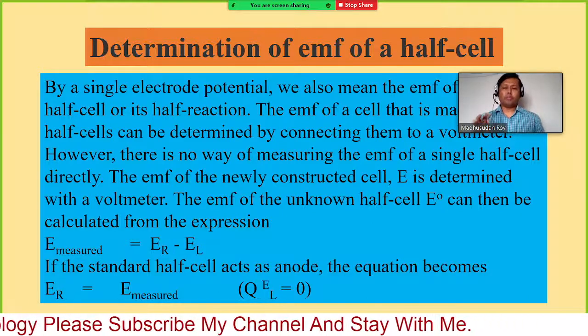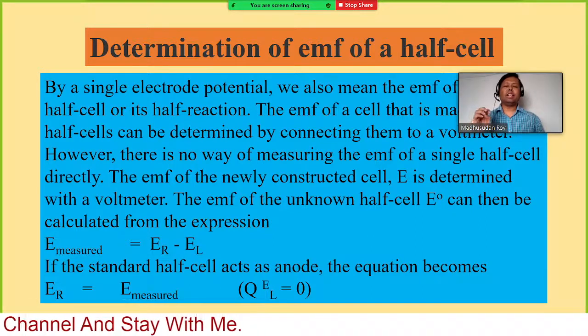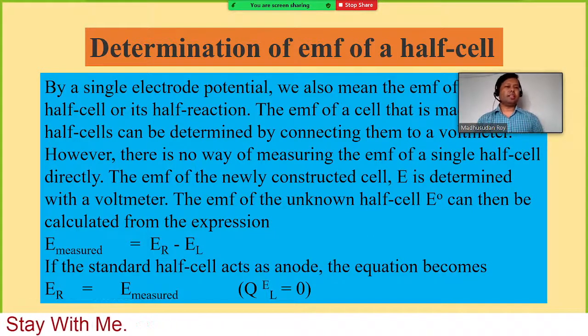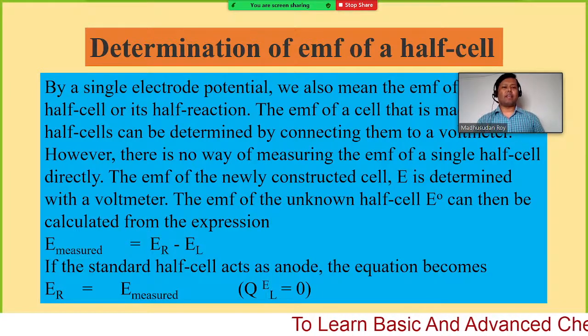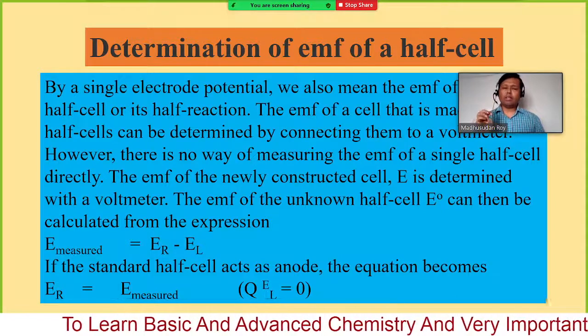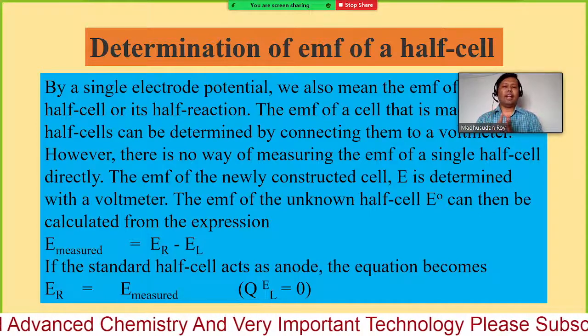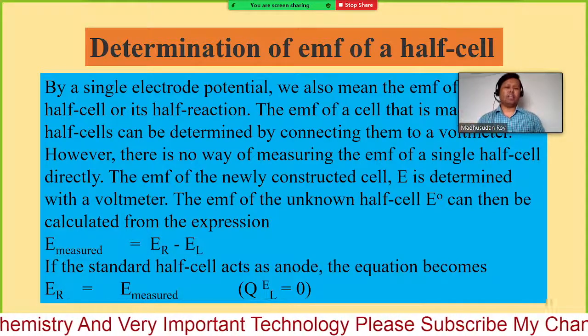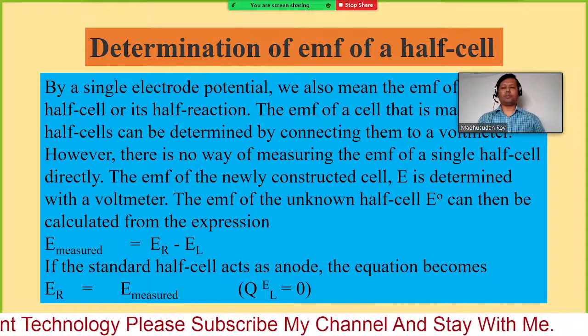If we complete the circuit, we can measure the voltage using a voltmeter, and then by using the equation, that means by subtraction or addition, depending on how we have connected the half cells, we can measure the full cell potential using the voltmeter, and then we can subtract or add the potential, and easily find out the potential of the unknown half cell.